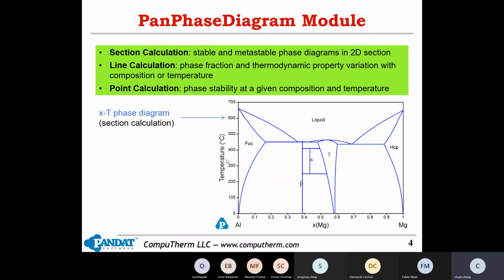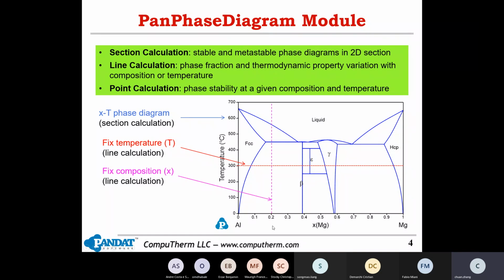But we can also do line calculation when one variable is fixed. For example, we can fix the temperature, then calculate the property evolution with the change of composition. When the composition is fixed, the property change of the alloy with temperature can be obtained as well. When we fix both alloy composition and temperature, we can calculate the property at just one point.